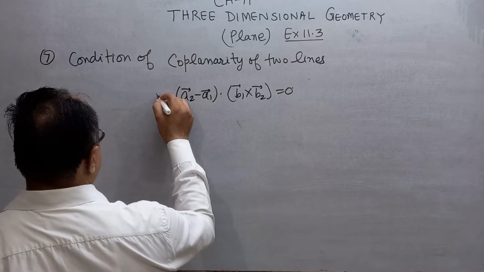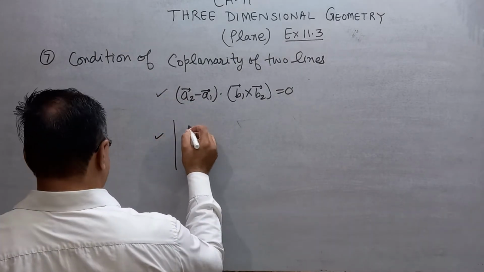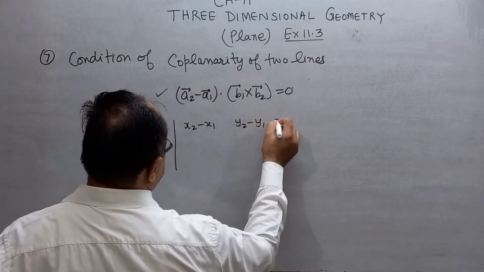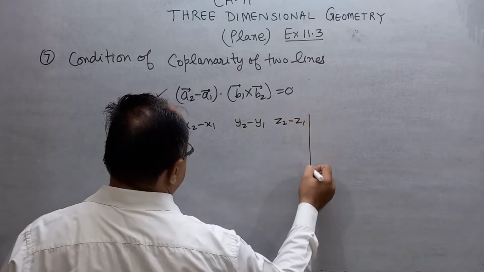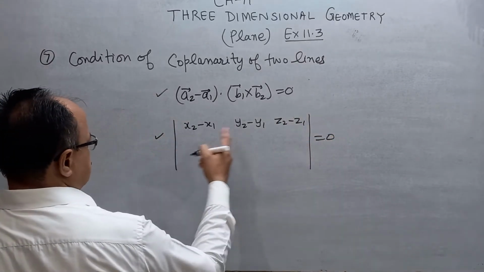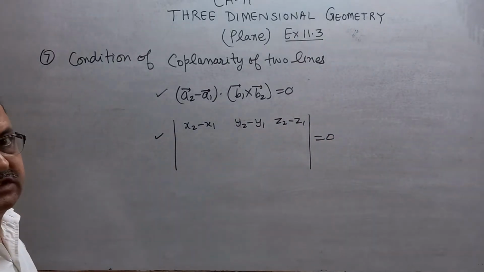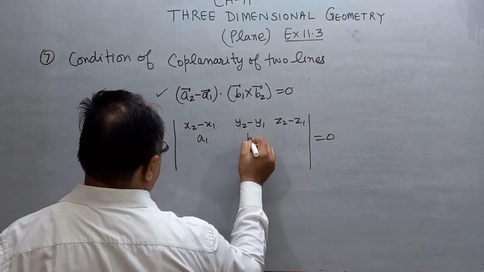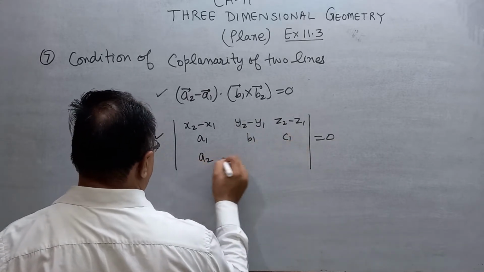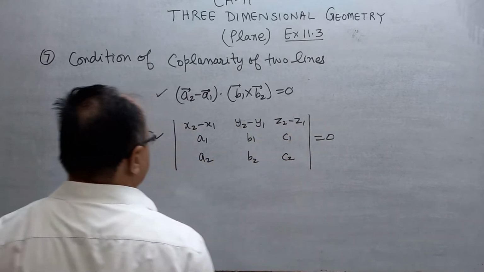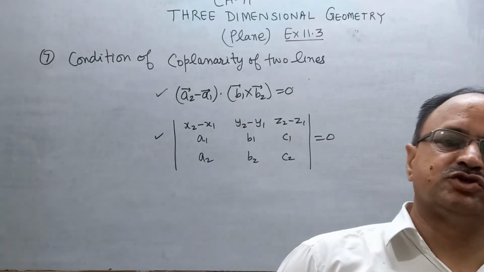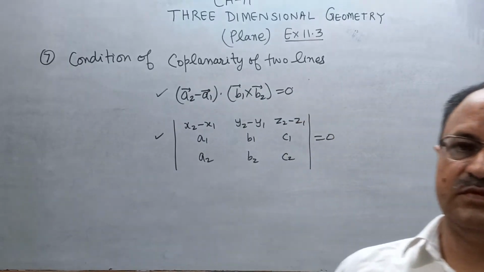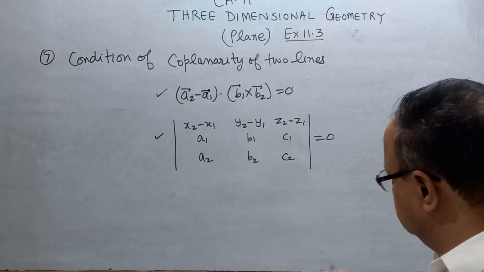And the second formula, you can use this formula or another formula: determinant of x2 minus x1, y2 minus y1, z2 minus z1, and A1, B1, C1, A2, B2, C2. A1, B1, C1 are the direction ratios of the first line, A2, B2, C2 are the direction ratios of the second line. Clear? So this is the formula.